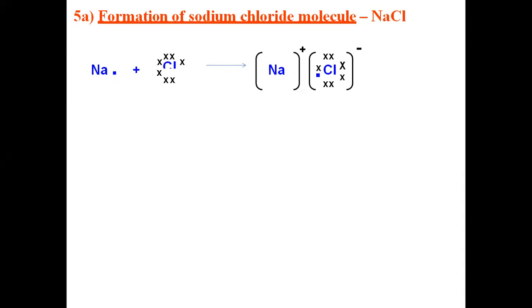Because loss of electron means positive charge, gain of electron means negative charge. So this is how the sodium chloride is first converted into ionic form and finally converted into solid sodium chloride.